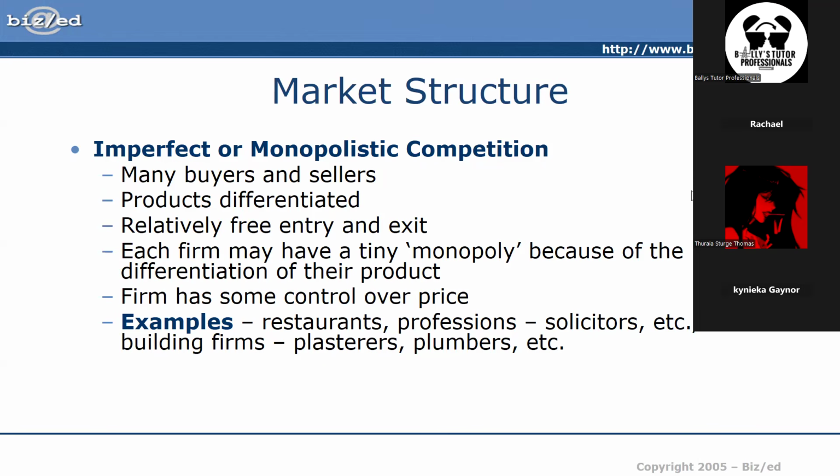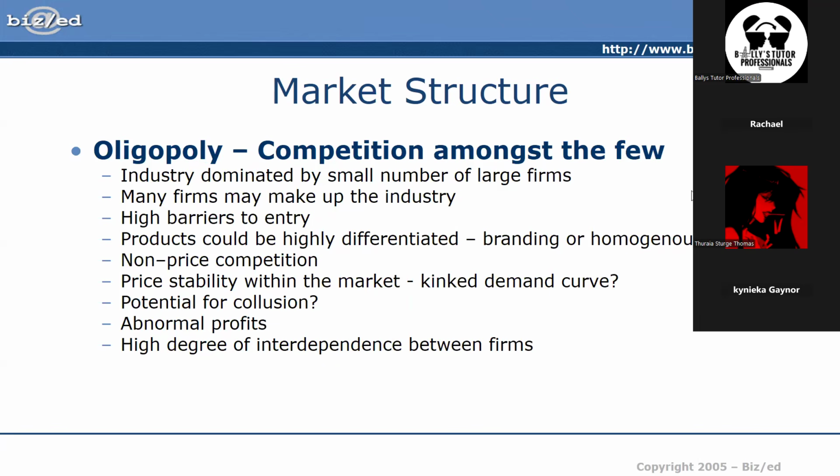Freedom of entry and exit, because there are a little less barriers, and some control over price. In oligopolies, you have fewer sellers, but still many buyers. The barriers to entry are even higher. The products could be similar or differentiated, and they have more control over their price. So much so that they don't even compete using price, they compete using marketing.